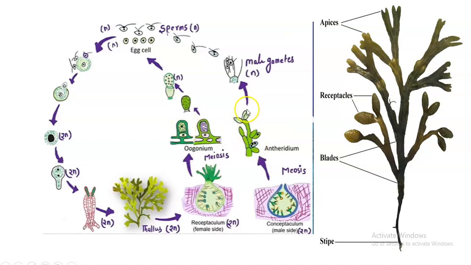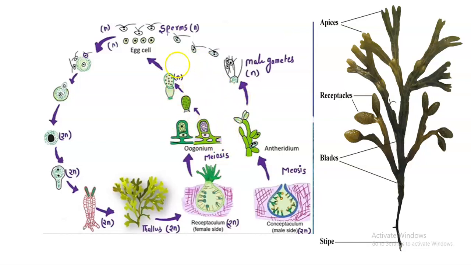So this particular nucleus of one antheridium will undergo meiotic division. After meiosis, we know that four haploid nuclei will be formed, and those haploid nuclei will divide again mitotically, forming around 64 haploid cells.